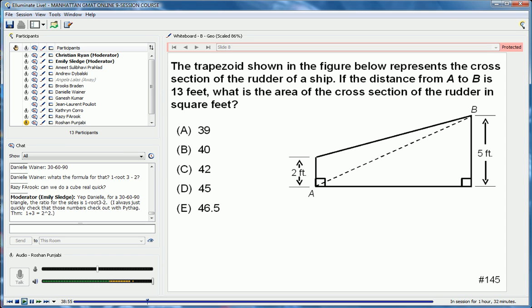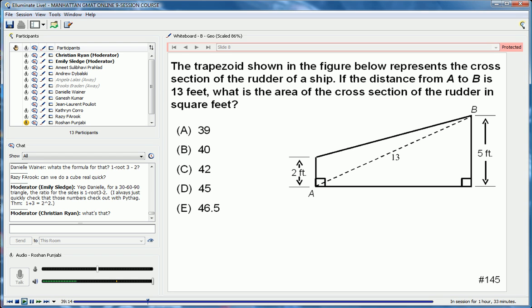Well, first I drew the diagram, and then I quickly noticed that there was a 5 and 13, so that reminds me of a 5, 12, 13 triangle. Based off that, I could create a rectangle and a separate triangle based off the 2 and the 12.